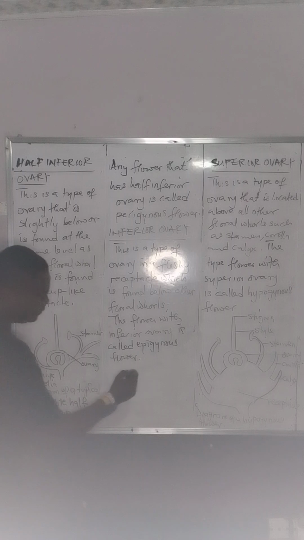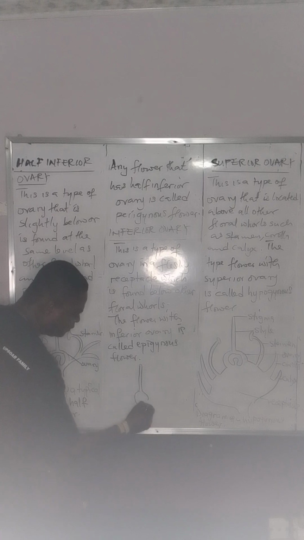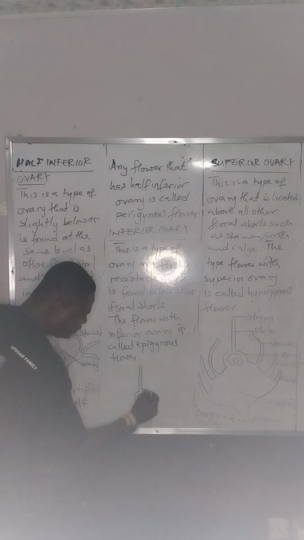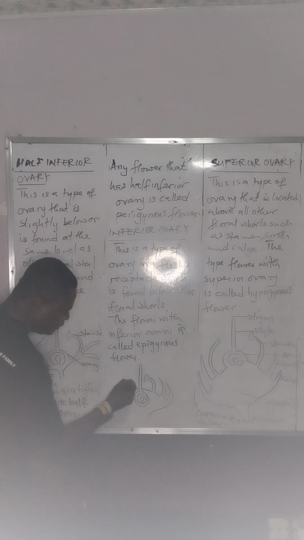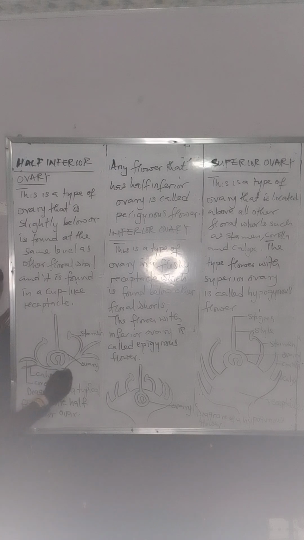To draw that, you have something like this. Then you have something like this. You can see the ovary now. So this one is what? This is cup-like receptacle.